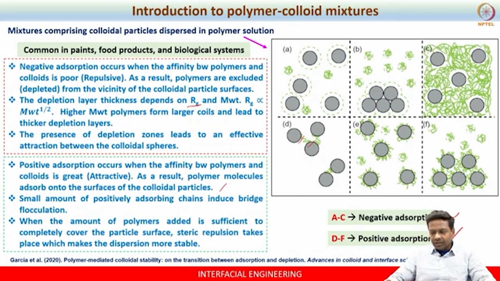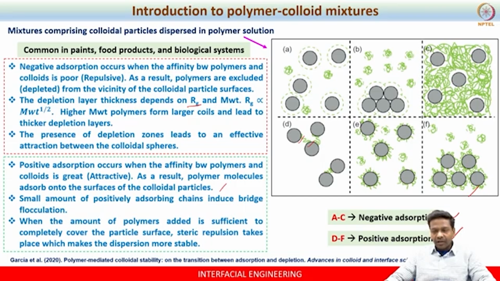In this scenario, figure F corresponds to the case when you deal with a higher concentration of polymer. In such a case, what will happen is, when you have a concentration slightly higher than what is required to completely cover the surface, the free molecules will go in between the neighboring particles.